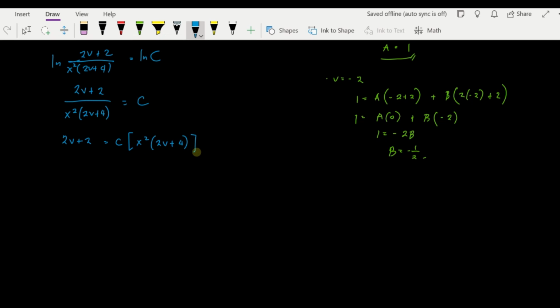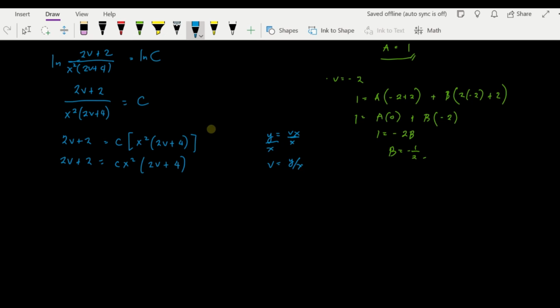Or kung gusto natin, gawin na lang natin siyang 2v plus 2 equals c times x squared, so cx squared times 2v plus 4. And then, balik na natin sa original. Di ba ang ginamit natin, y equals vx, right? So, i-divide natin both sides by x. So, ang value ng v is y over x.